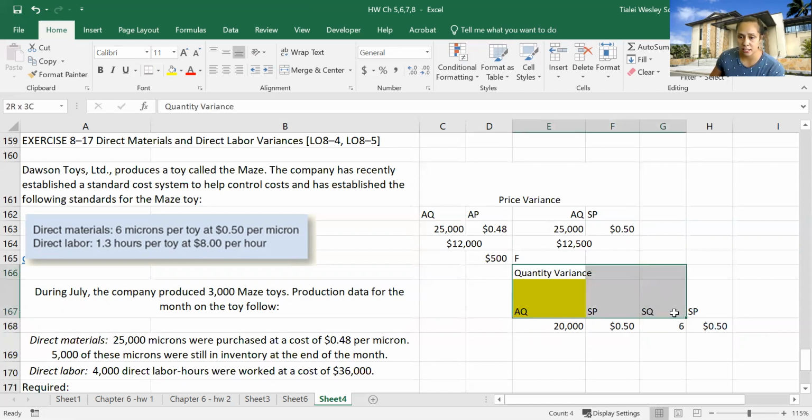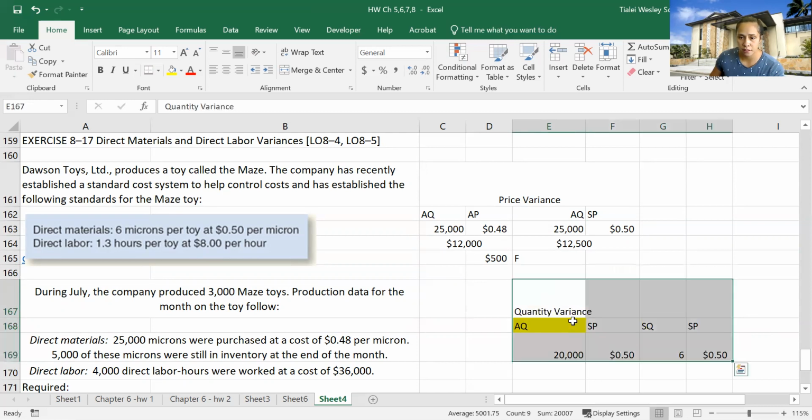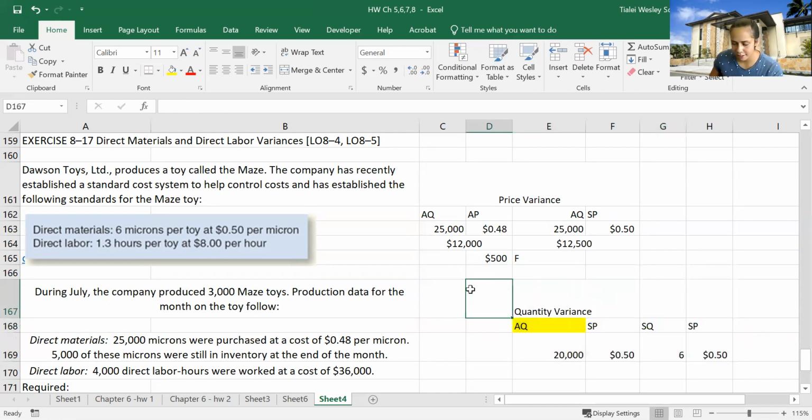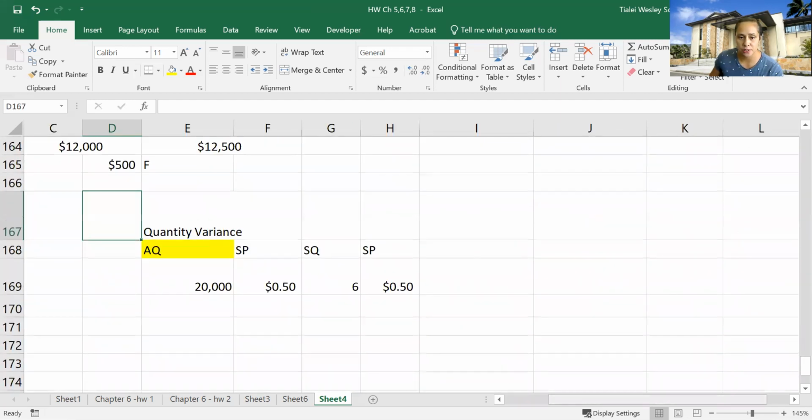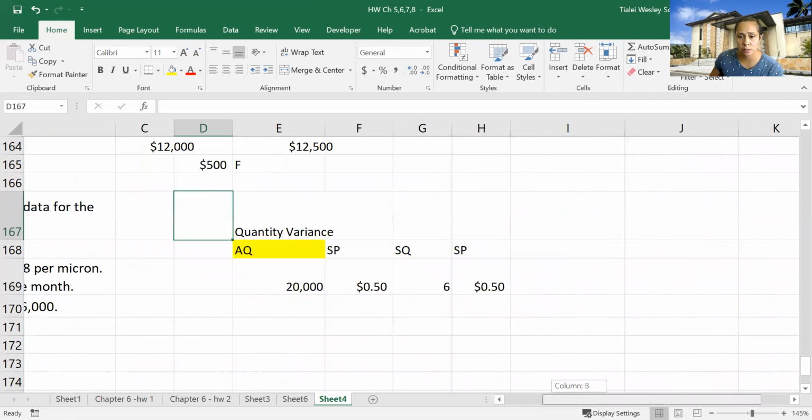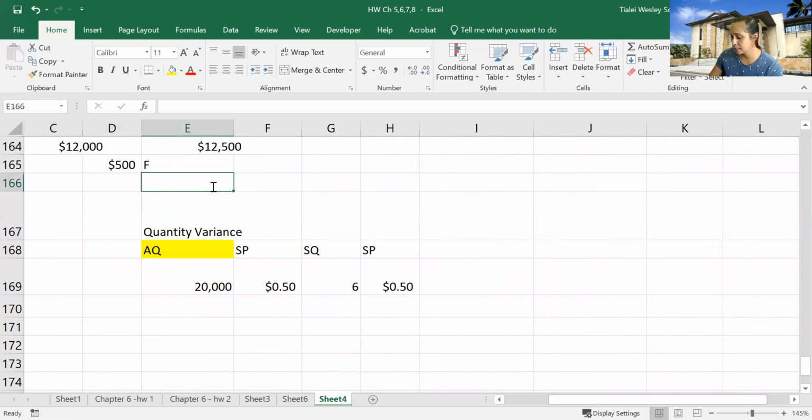So they are producing, I'll move this down a little bit and maybe zoom in a little bit. Here it goes, there's the zoom. Okay. So how many toys are they producing? They're producing 3,000 Maze toys.